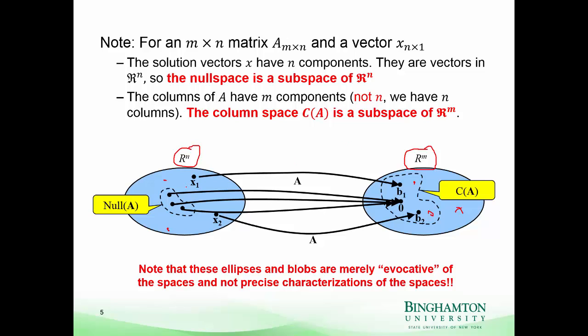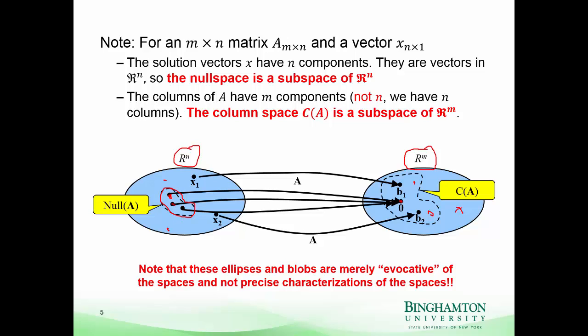Now, what happens if I pick this vector? Well, I'm claiming that that will map to 0, which is in the column space. And here's another vector that if I map that with A, will map to 0. And yet another one that will map over into 0. I'm trying to illustrate, again, with evocative pictures, not precise characterizations.